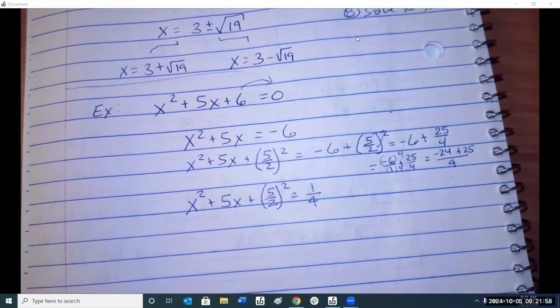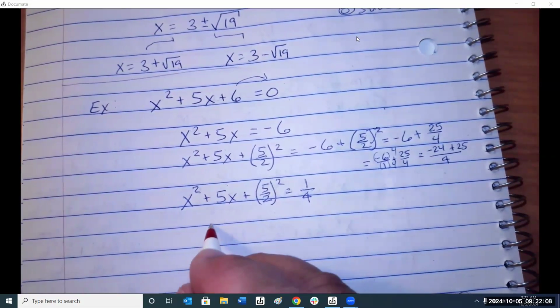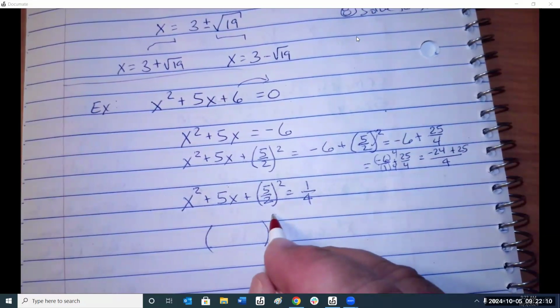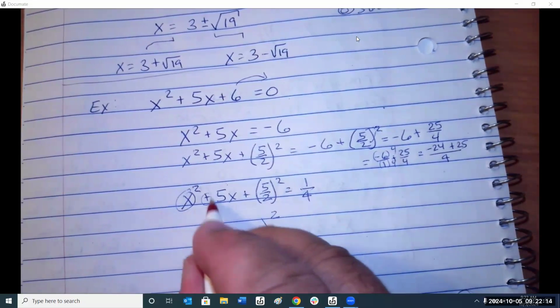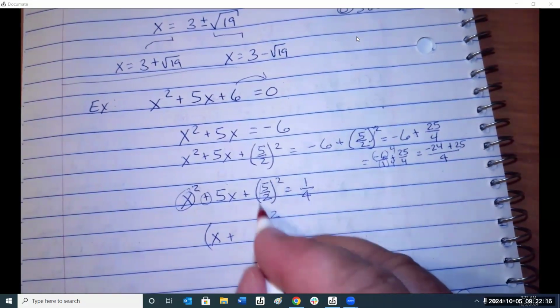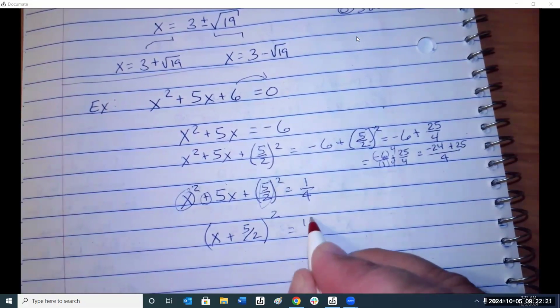Not difficult, just a lot of steps. All right, so we solved the right-hand side and fixed. So now we're ready to complete the square. Whatever's under the square, so it's x, the first sign, and the 5 over 2, equals 1/4.